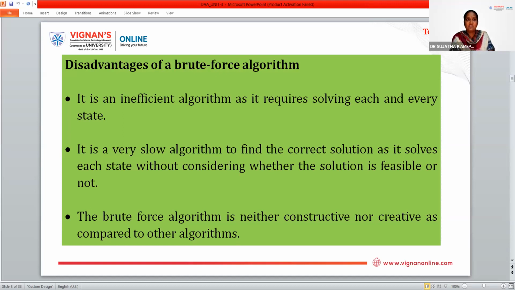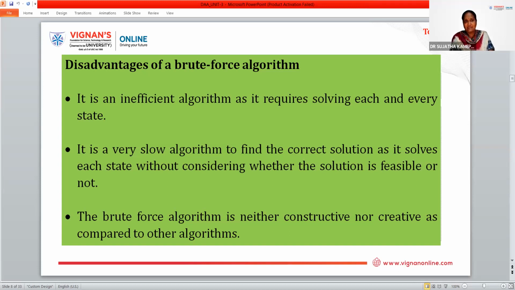And it is very slow algorithm to find the correct solution as it solves each state without considering whether the solution is feasible or not. So this brute force technique doesn't check whether that particular path leads to a feasible solution or not. It goes for solving each and every state.